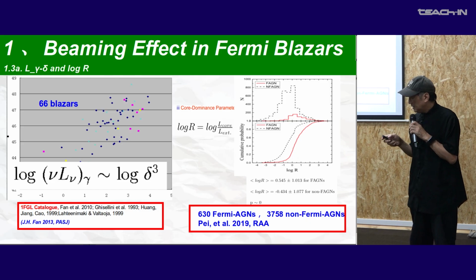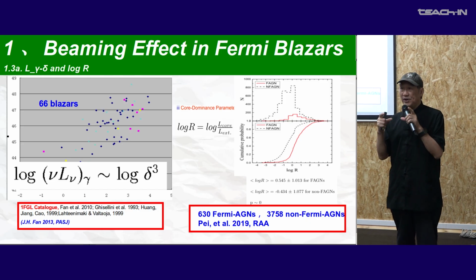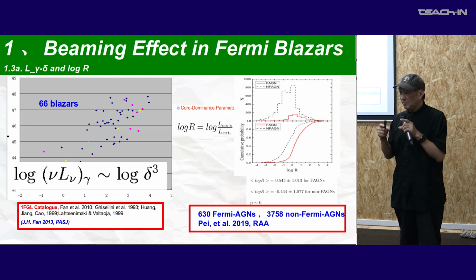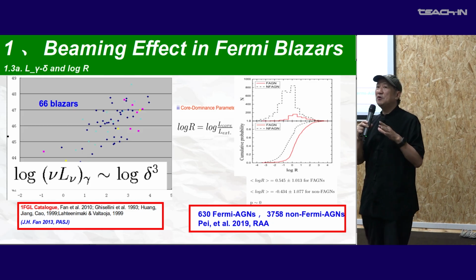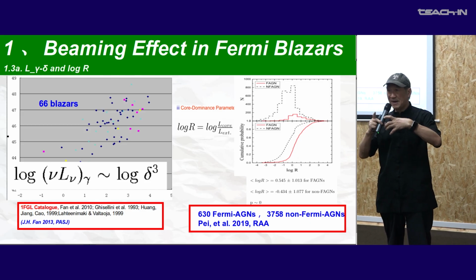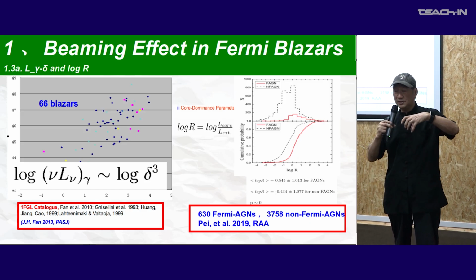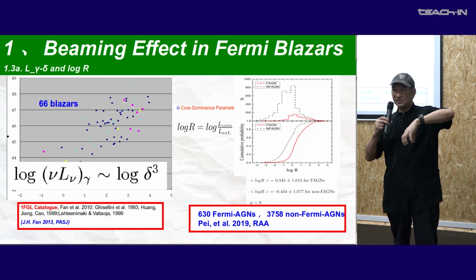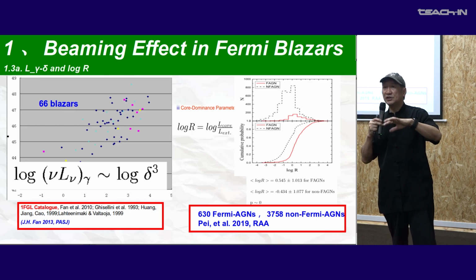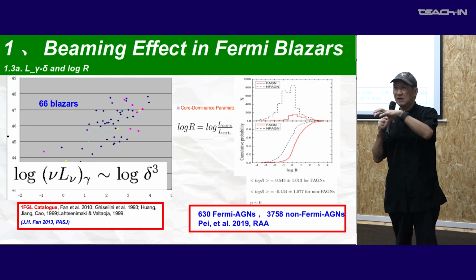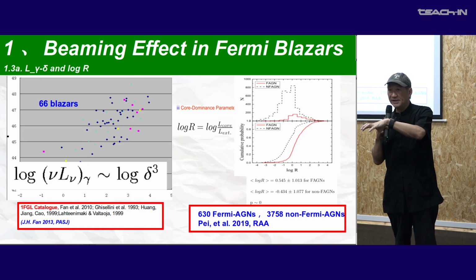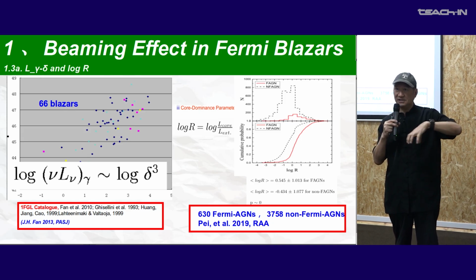Also, we use the radio band observations, because in the radio band there is a compact core, and also there are some extended structures. We use the emission from the two parts, one from the core and the other from the extended part.